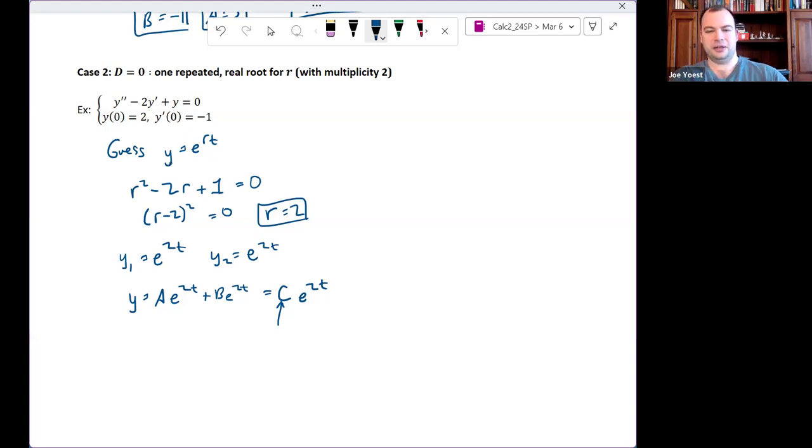Or another way to think about it is, even if I left it in the A and B form, I wouldn't be able to meet two initial conditions. I wouldn't be able to meet an initial position and an initial velocity, because A and B are basically one. There's just basically one constant, A plus B.